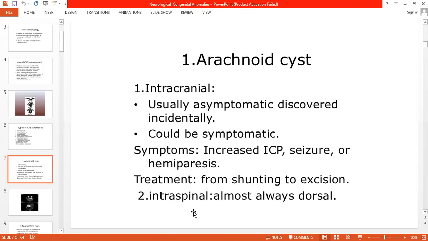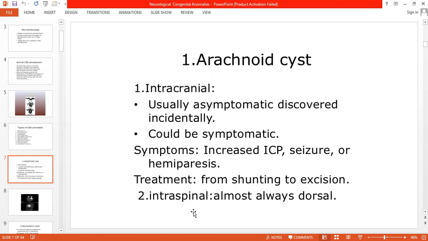Intracranial ones are usually asymptomatic and discovered incidentally, like in a patient with a head injury undergoing a CT brain; incidentally we come to know the patient also has an arachnoid cyst. They are usually asymptomatic, but could be symptomatic. The symptoms related to arachnoid cyst are increased intracranial pressure, seizures, or hemiparesis. The treatment ranges from shunting to excision.